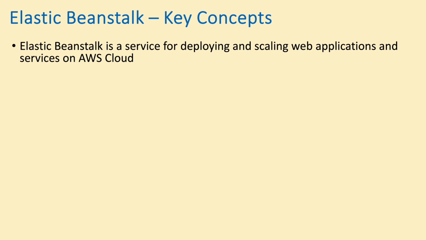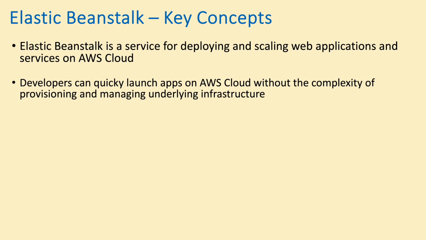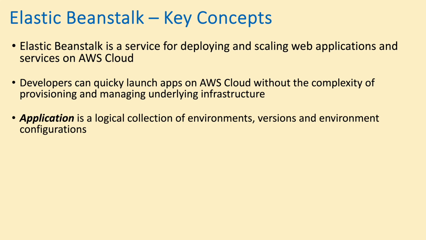And I think it's important to understand some Elastic Beanstalk key concepts for beginners. Elastic Beanstalk is a service for deploying and scaling web applications and services on AWS Cloud. Developers can quickly launch applications on AWS Cloud without the complexity of provisioning and managing underlying infrastructure.